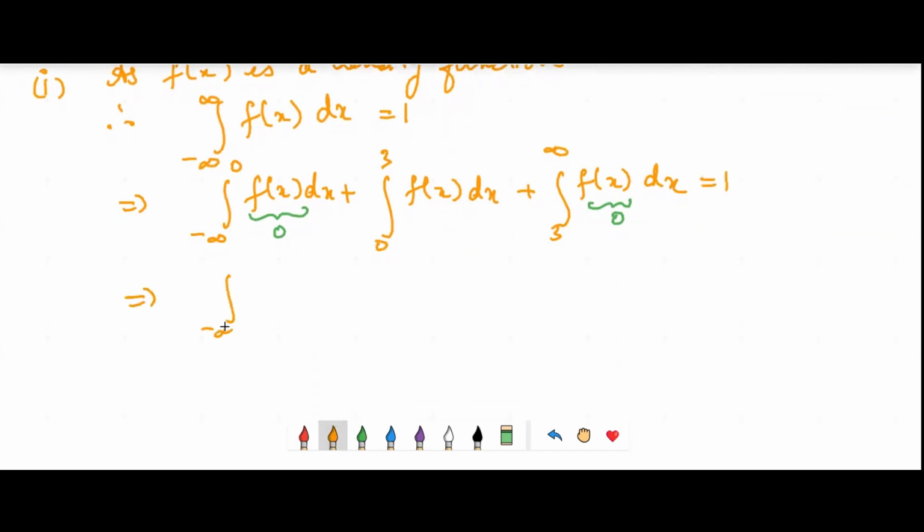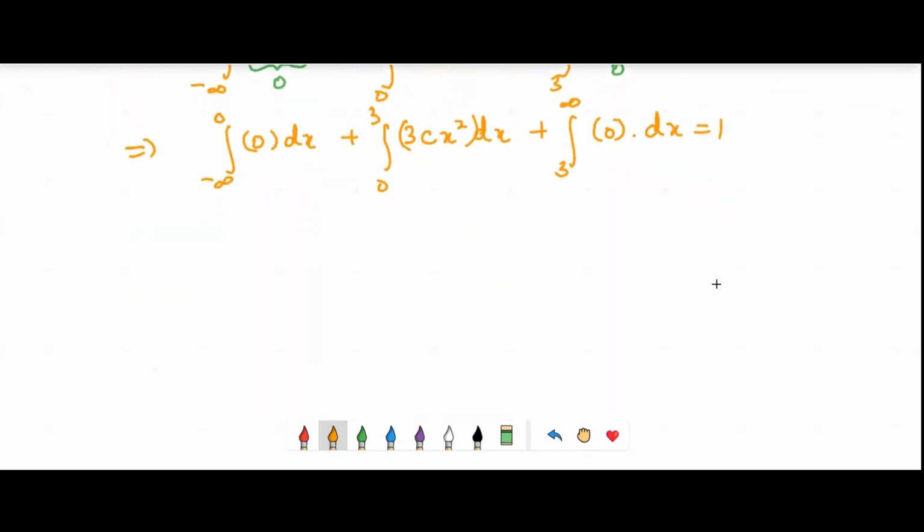So this would be substituting the value of fx here. Now, as 3 and c both are constant, take it outside. So the integral of x square is x cube upon 3.